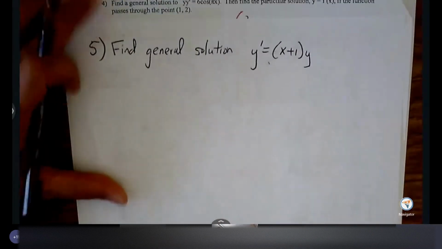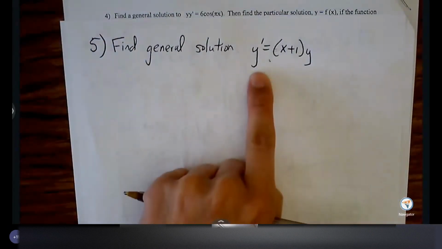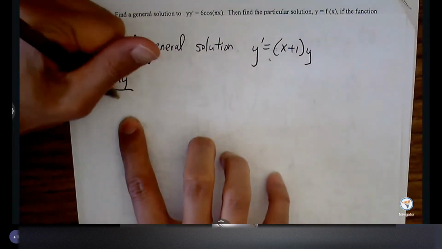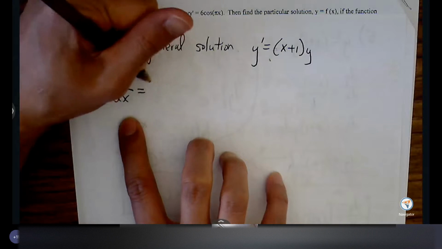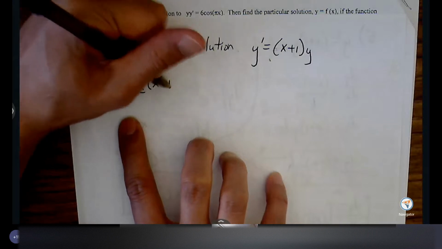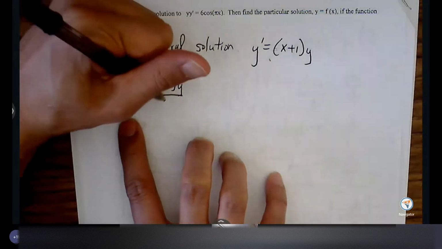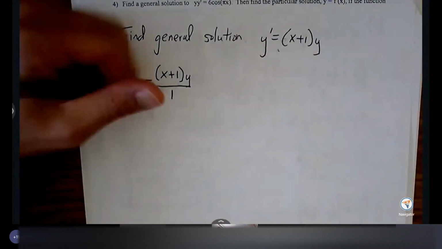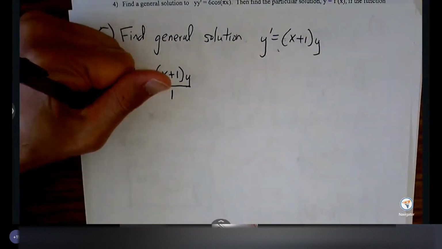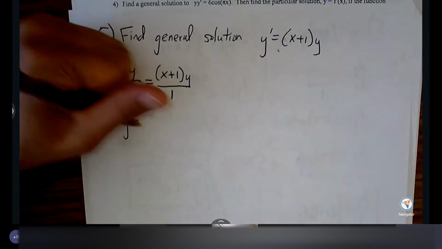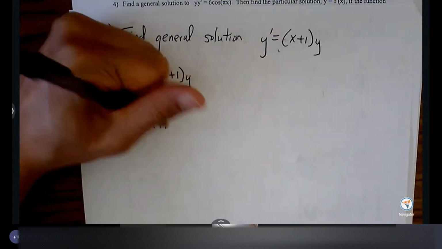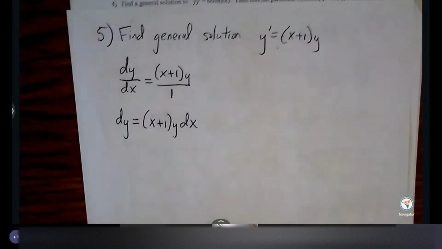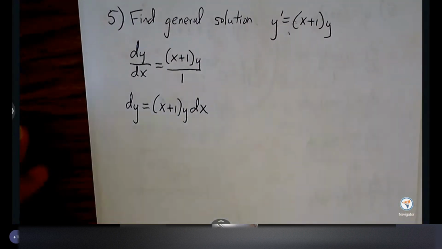All right, what do you see first? Yeah, that y prime. Okay, so y prime is dy dx. I'm going to just get my fractions set up for my next step. Cross multiply. So I like having everything in the numerator.